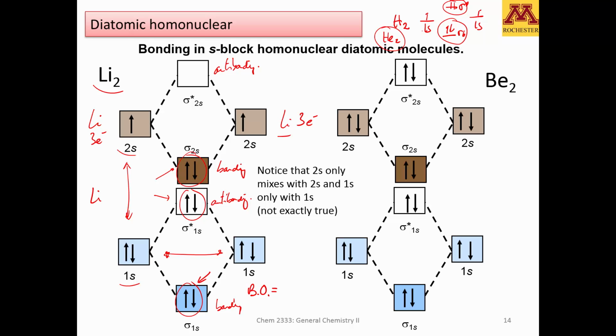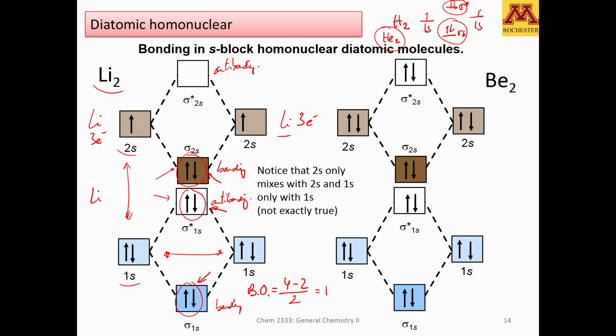So we have 2 electrons in bonding here, 2 electrons in bonding here, that is 4, minus electrons in anti-bonding, meaning there's only 2 here, divided by 2. This will be 1.